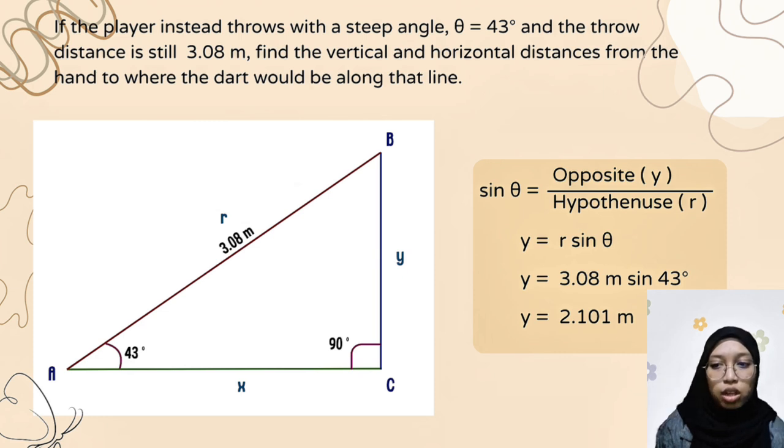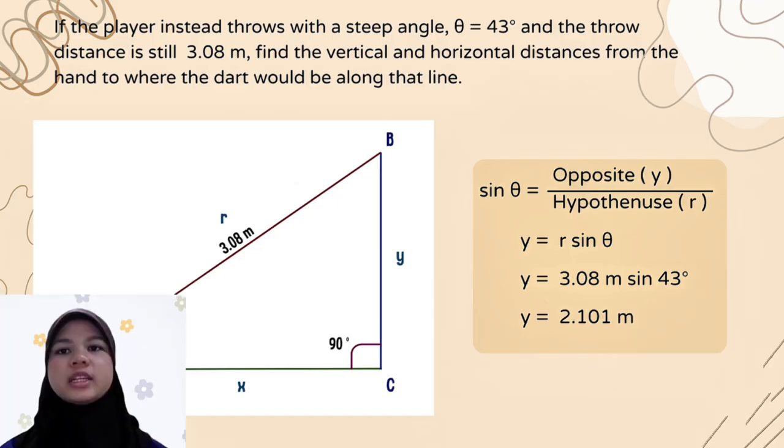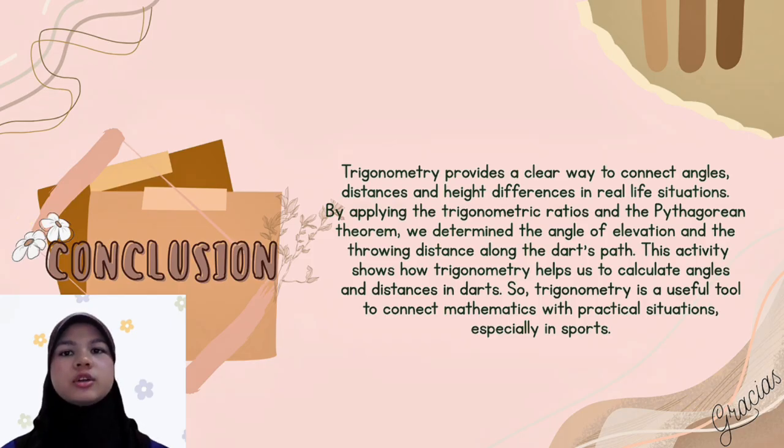By using tangent, we can calculate the angle of the throw. By using Pythagoras, we can calculate the distance of the throw. By using sine and cosine, we can find the horizontal and vertical sides of the throw. In conclusion, trigonometry provides a clear way to connect angles, distance, and height differences in real-life situations.